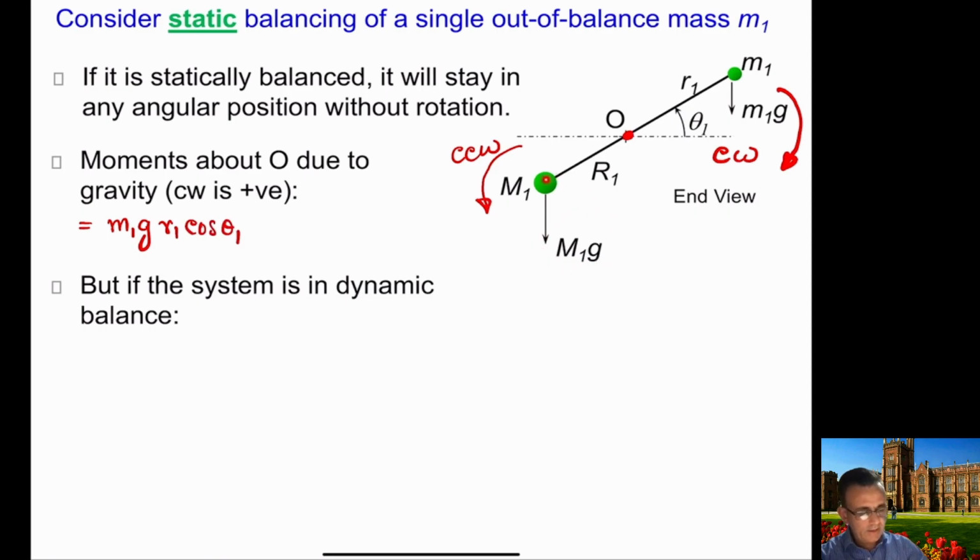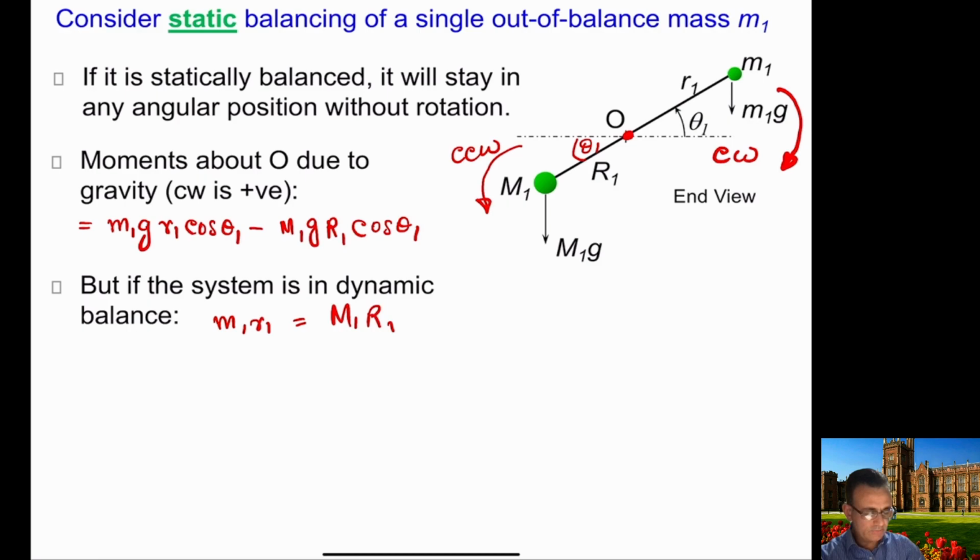And similarly for this mass here, what we have is capital M1 g R1, and because this angle is theta 1, this angle is automatically theta 1. These are vertical angles. Okay, so we have this equation here. If the system is dynamically balanced, we showed previously that capital M1 R1 was equal to small m1 r1.